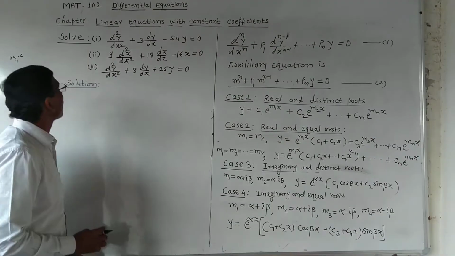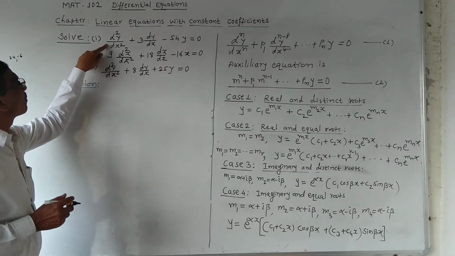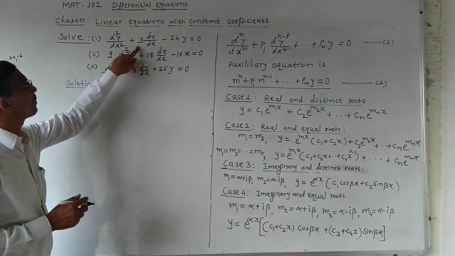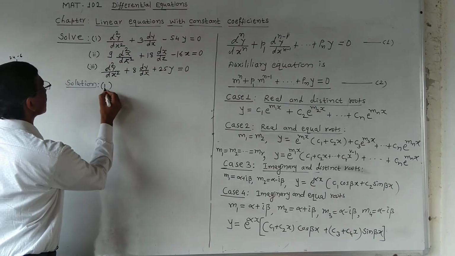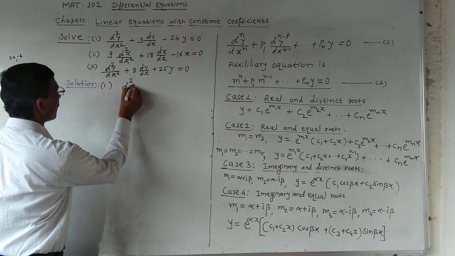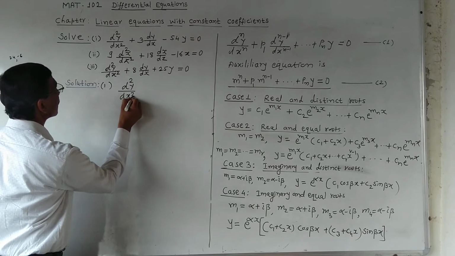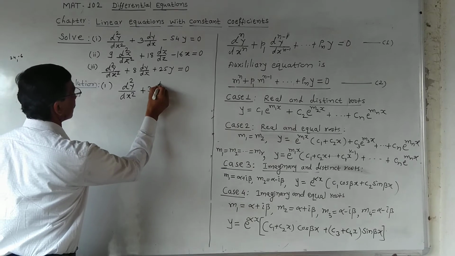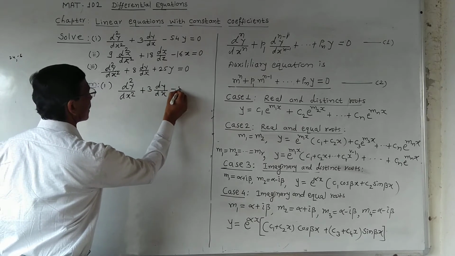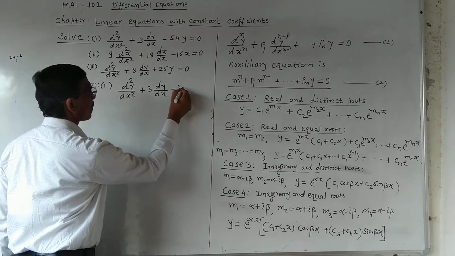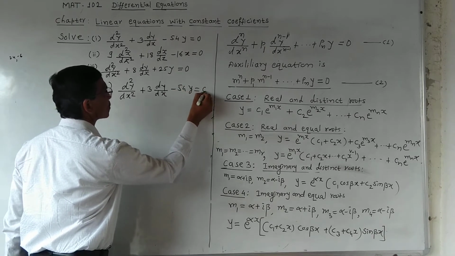Now, our first problem is d2y by dx square plus 3 dy by dx minus 54y is equal to 0.